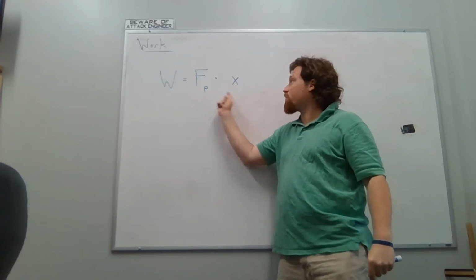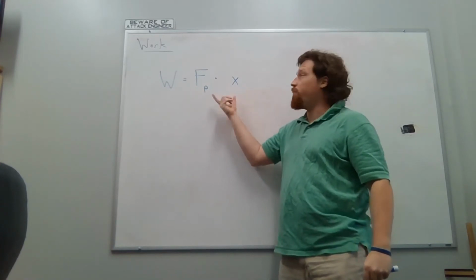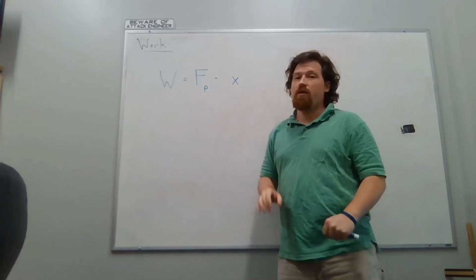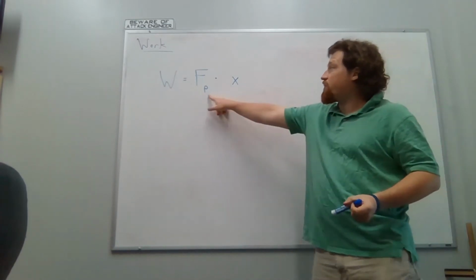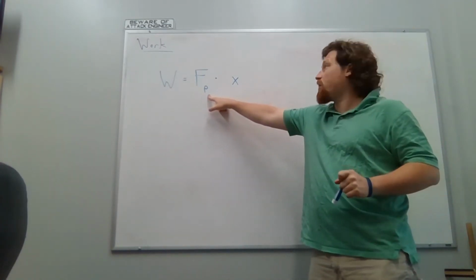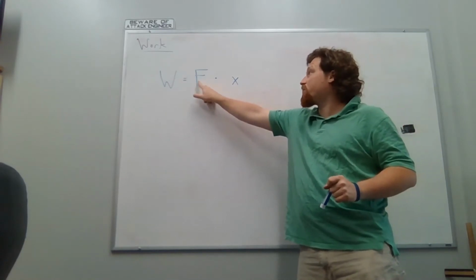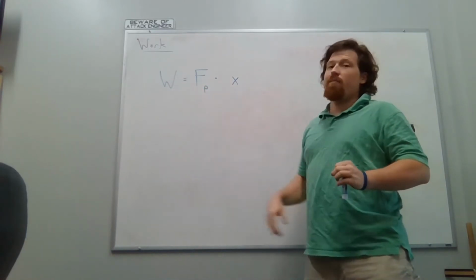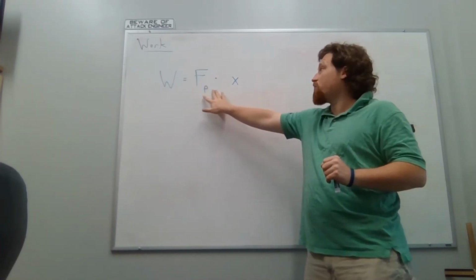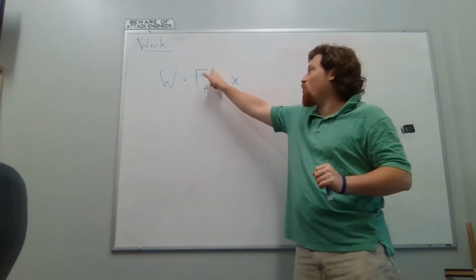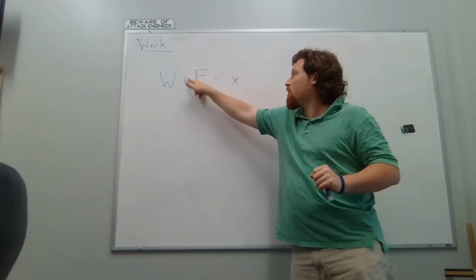Anytime you exert a force and something moves a distance because of that force, you have done work. Now, I'm going to explain this little p right here. This is another subscript, so this is force sub p. We're not multiplying force by p. This is specifically force with this subscript attached. This is all one variable right here.